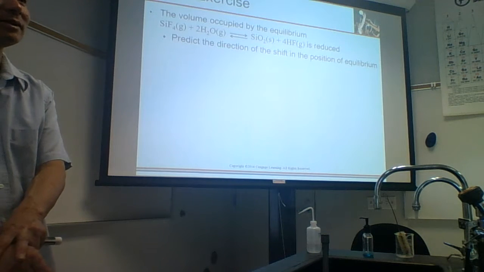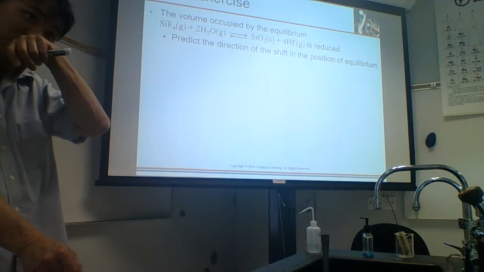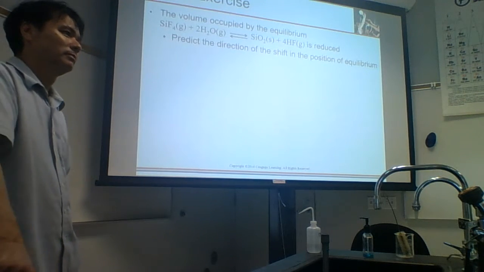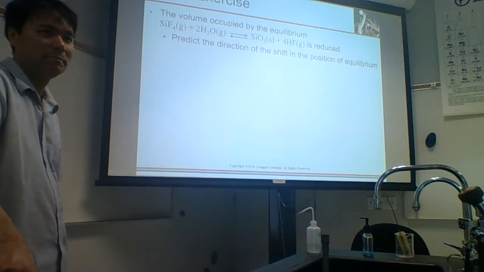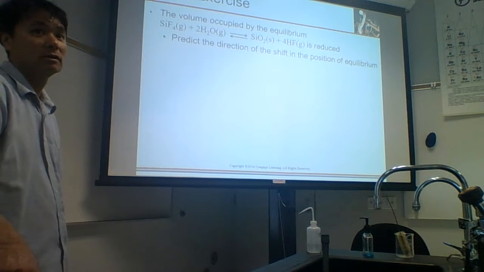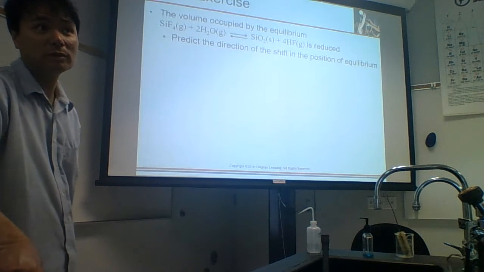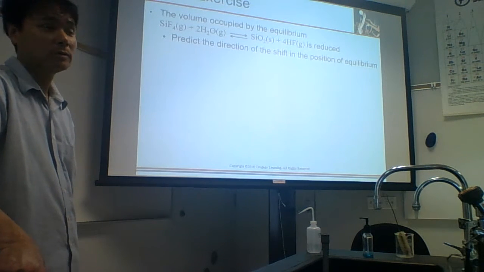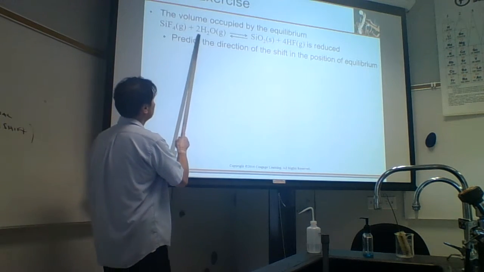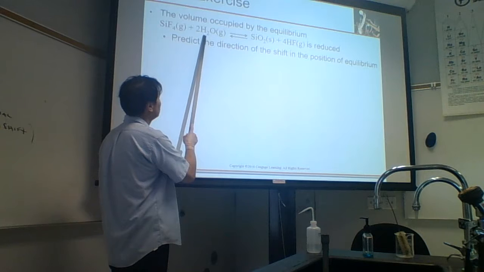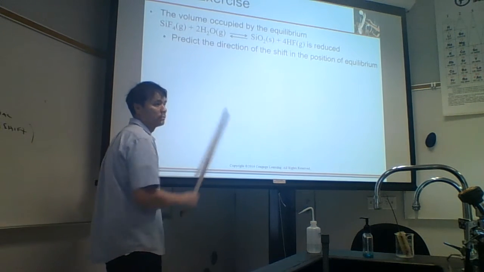I want it at 25 degrees C. It's bigger. What is it, 24.79? Okay, we'll just call it 25. And so 2 moles of H2O gas is about 25 liters per mole. That's 2 moles, that's 50 liters.